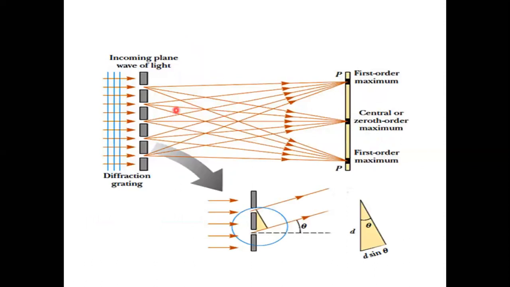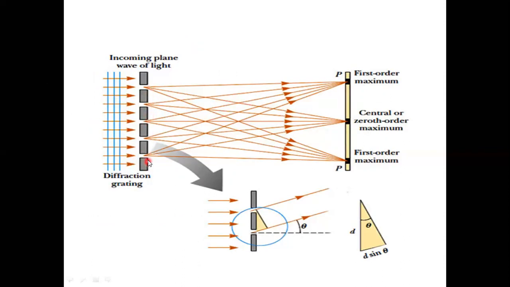This is the vertical portion of our diffraction grating. Here you can see these are the slits: these are the opaque portions and these are the transparent portions. When the incoming plane wave of light from the laser falls on this grating, light gets diffracted from each slit.